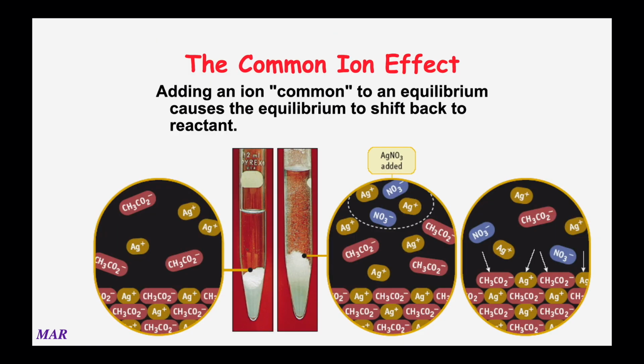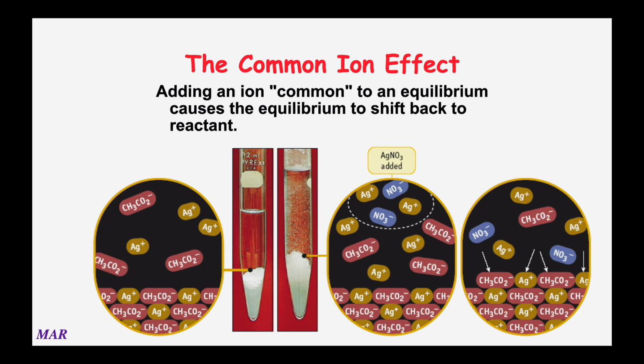Good to go. When we talked about buffers in the last section, we talked about the common ion effect, how you can use the addition of the conjugate to understand changes to pH and stuff like that. Well, we can use the common ion effect here with solubility as well. And this is a really interesting phenomenon.